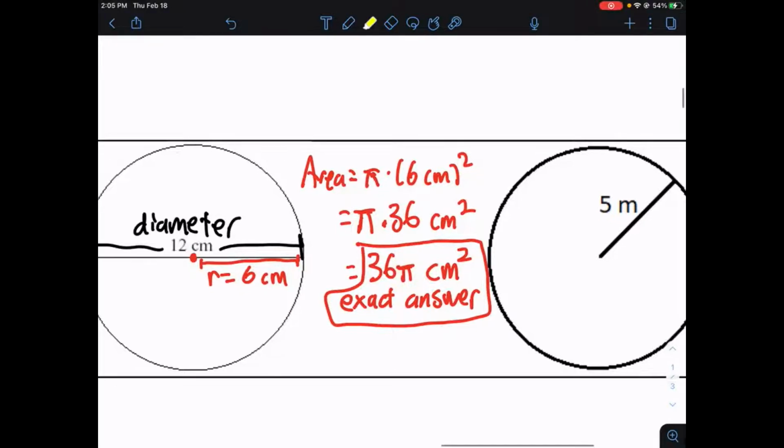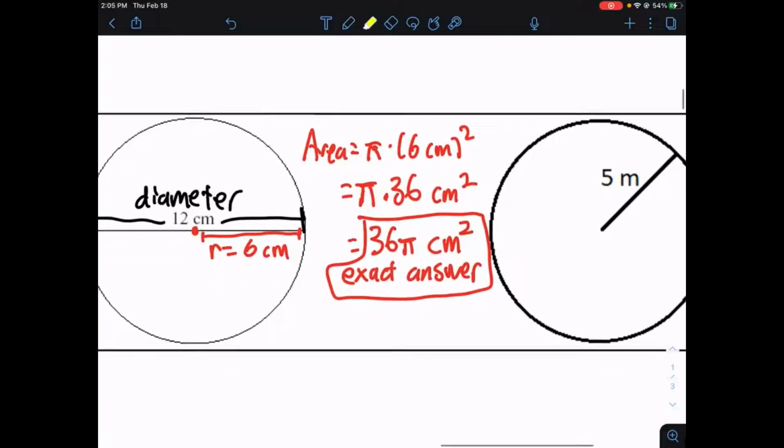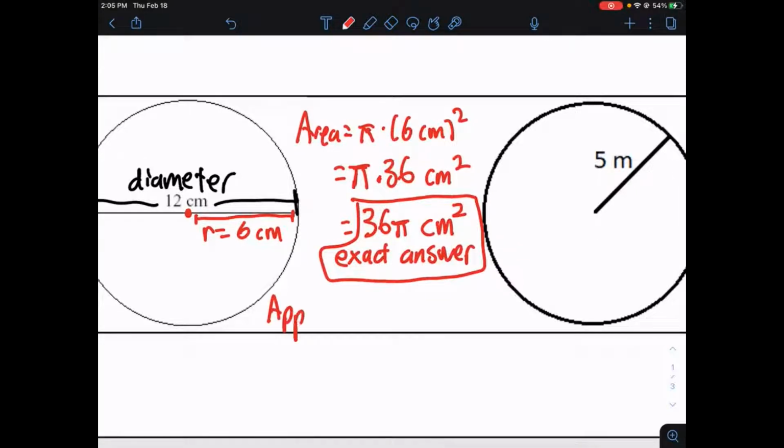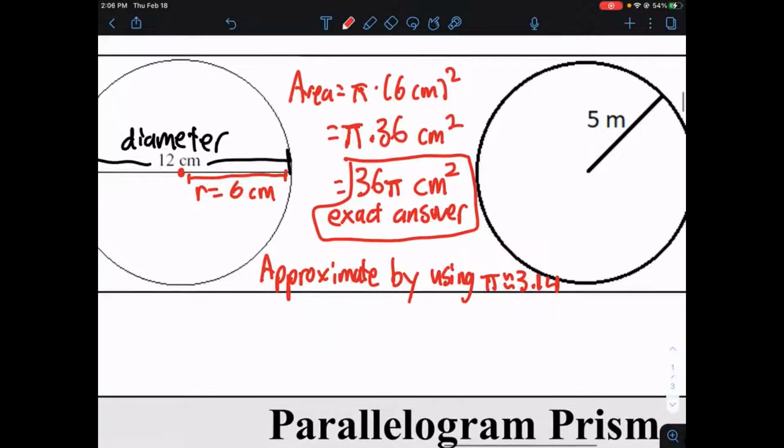An approximation means I replace pi with a number that's close to it, but not exactly. The way we can approximate is by using pi is about 3.14. So instead of 36 times pi, it becomes 36 times 3.14.